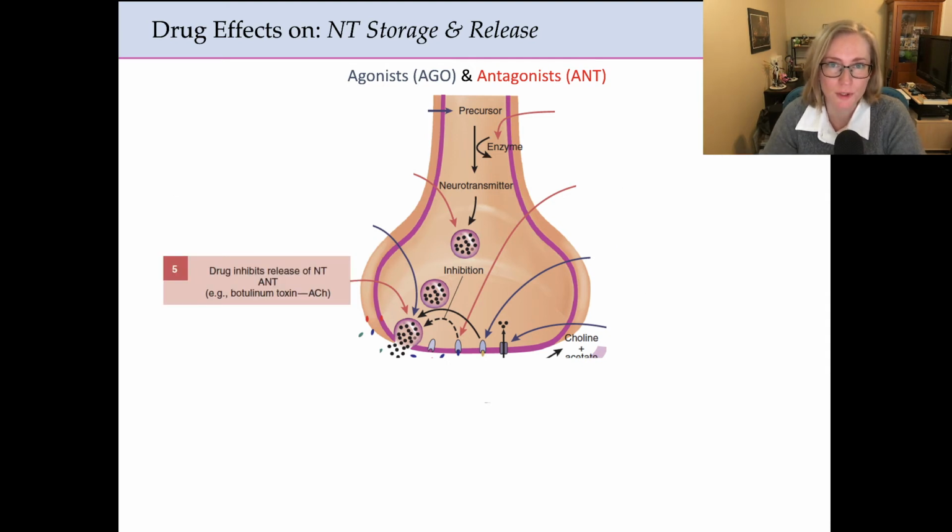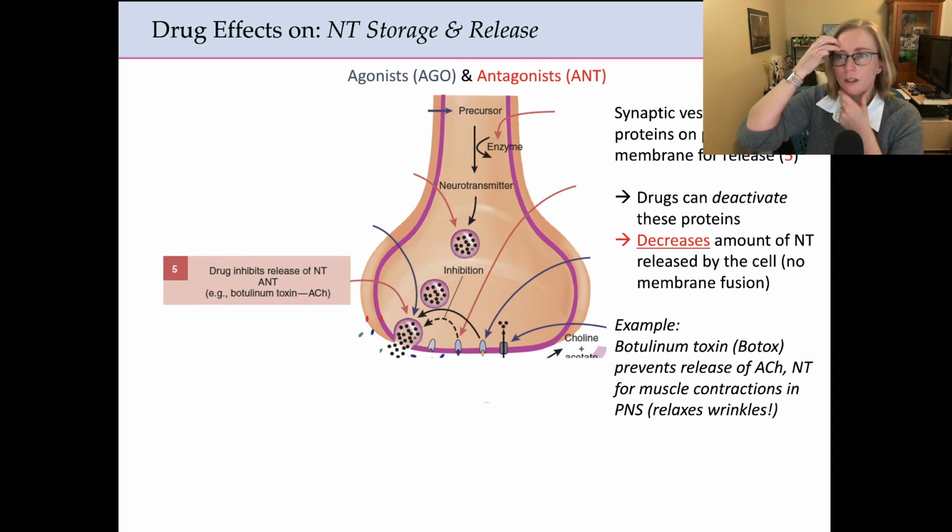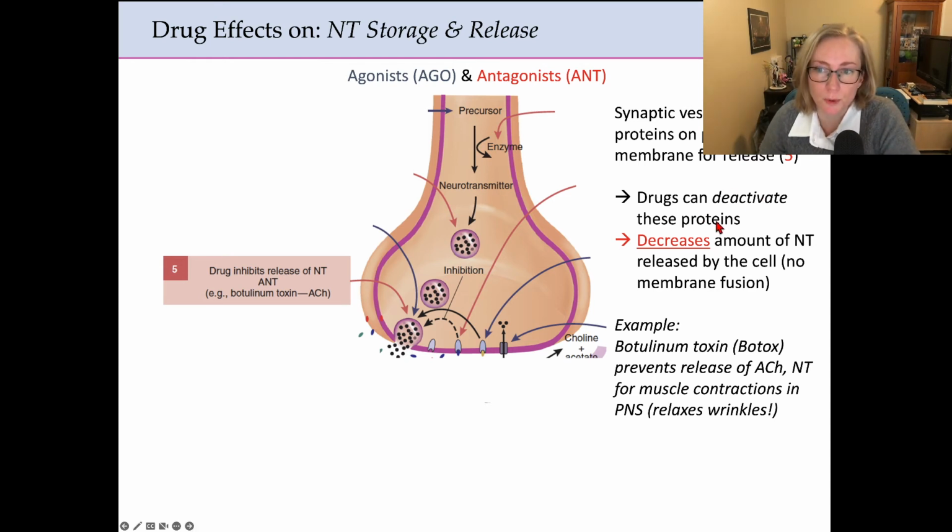Now we also for acetylcholine have an antagonist, which is botulinum toxin. So here, botulinum toxin actually inhibits the release of the neurotransmitter. So even though these are filled with neurotransmitters, this binding mechanism isn't going to work. So drugs can deactivate those proteins that allow that docking to happen.